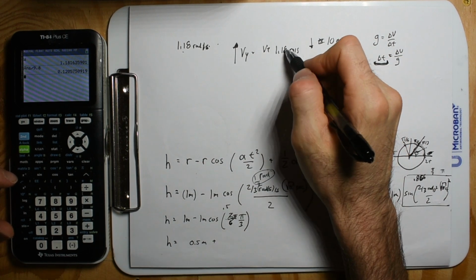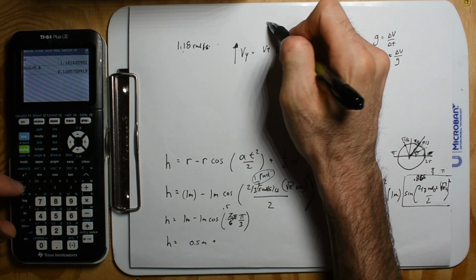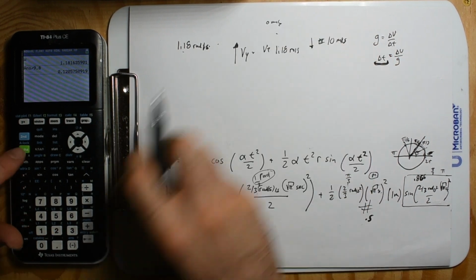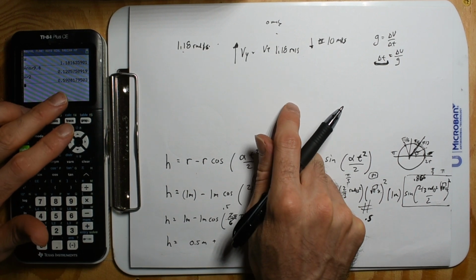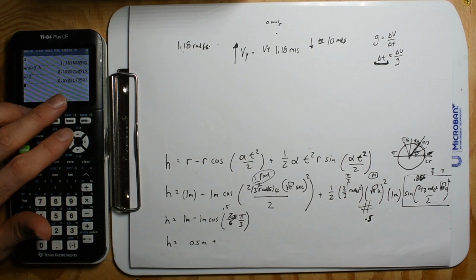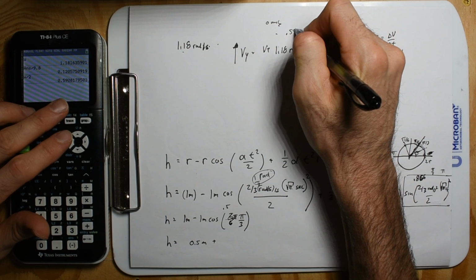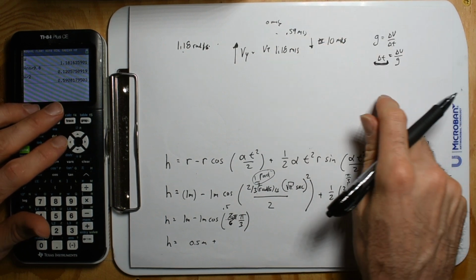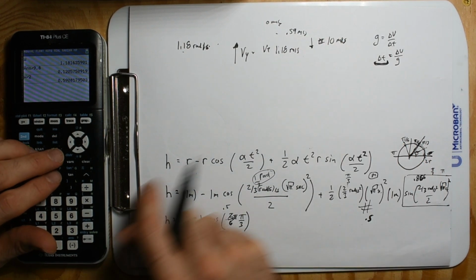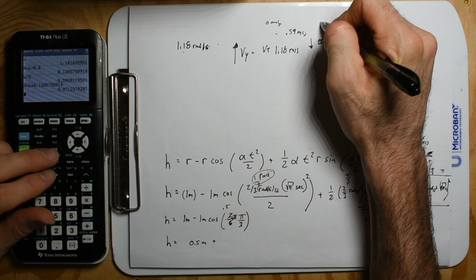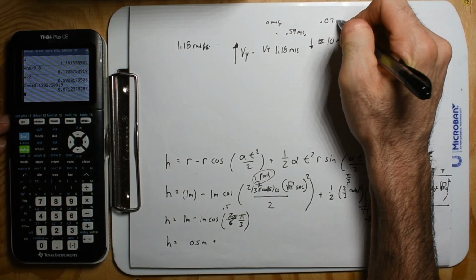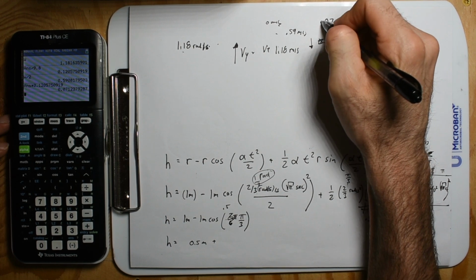So that means that we went from this to 0 meters per second. Our average velocity is omega divided by 2. So we have a velocity of 0.59 meters per second. And we went for a total of... So yeah, I'm getting 0.07 meters per second.